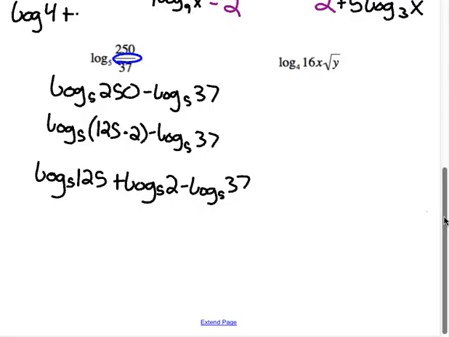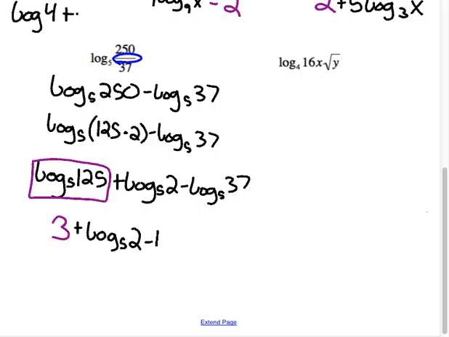Well, 125. 5 to what power gives me 125? And what you'll notice is 5 to the third gives me 125. So by recognizing that that power of 5 went into 250, I knew to split that up.